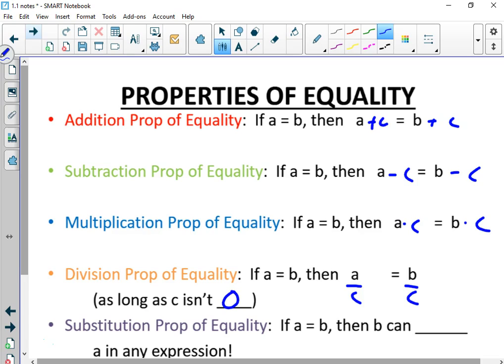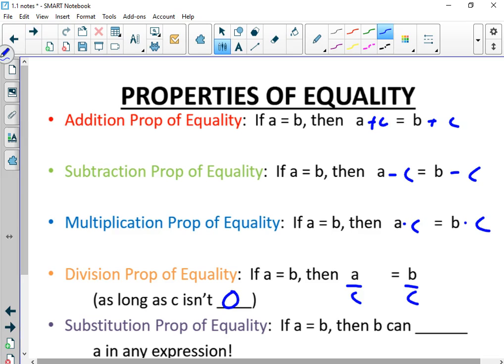But if I had this handful of candy in my hand, can I divide it 0 ways? It's got to go somewhere, right? I can't just make it go poof and disappear. That's why we can't divide by 0. Because you've got to divide it up somehow. It exists, right? A little bit of science. You just can't not exist.